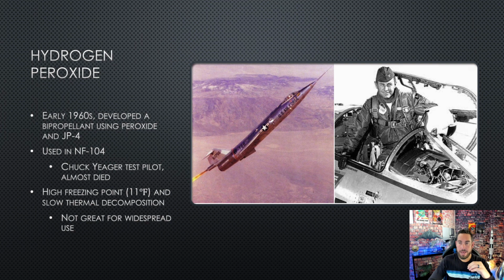The only problem is that no one, prior to Yeager getting in this thing, had really rung out the 104 at these altitudes, at these speeds. So they didn't really know how it would handle in that higher atmosphere. The higher you get, the fewer molecules there are, the thinner the atmosphere is.